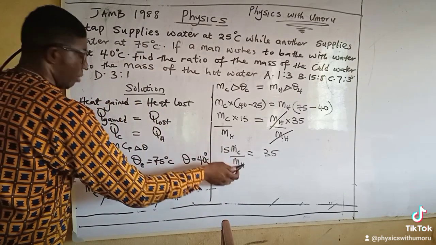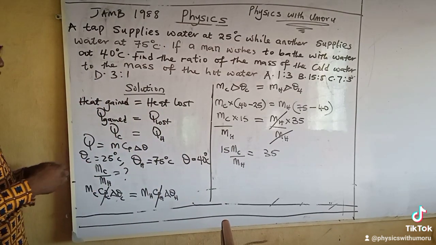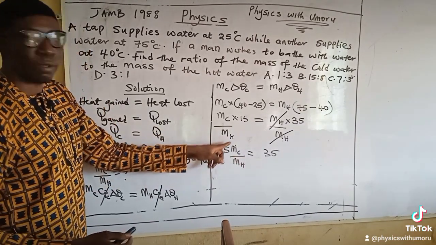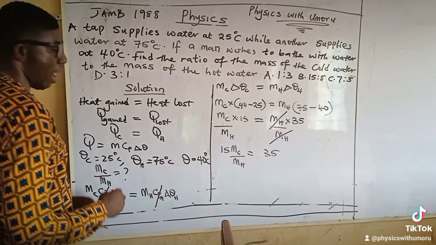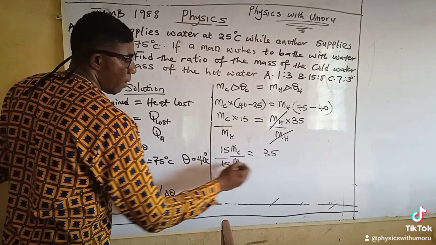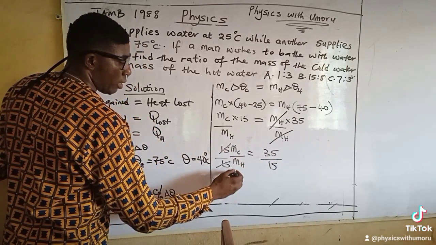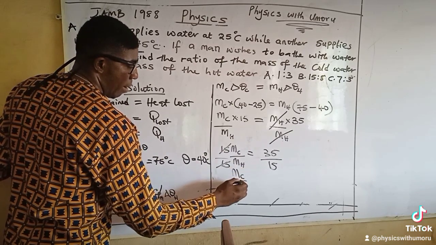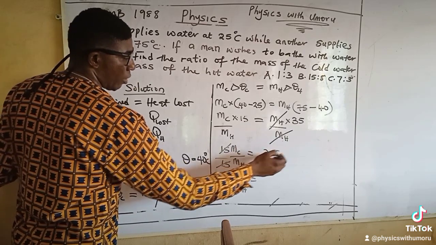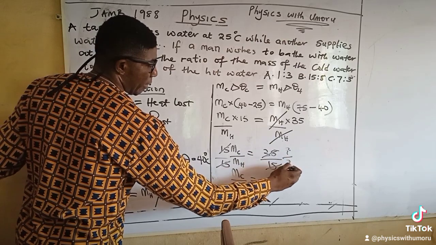I want to make this the subject of the formula, which is what they asked us to find, the ratio of mass of cold to mass of hot. So I'm going to divide both sides by the coefficient of this ratio, so we divide through by 15. This will cancel out. We are now left with mass of cold over mass of hot is equal to 35 over 15. 5 can go into this, we'll have 7, and 5 can go into this, we'll have 3.